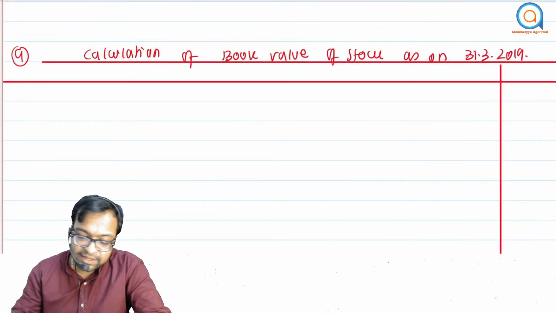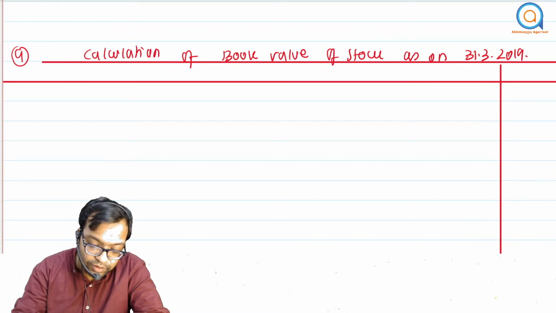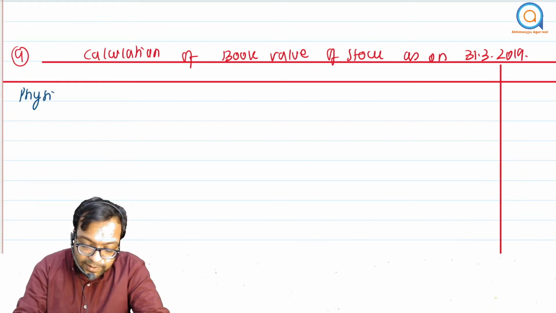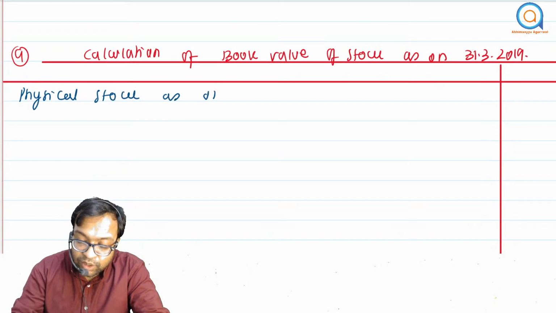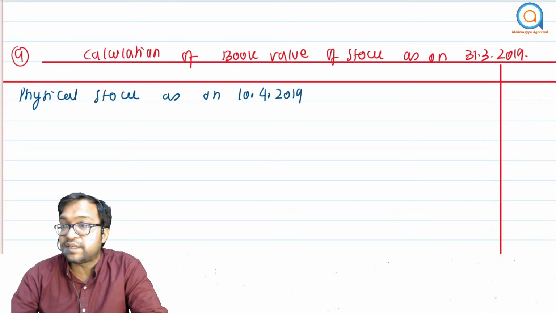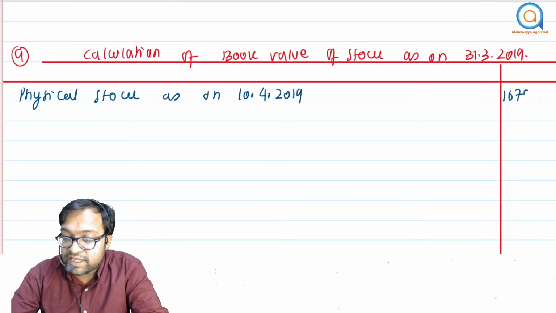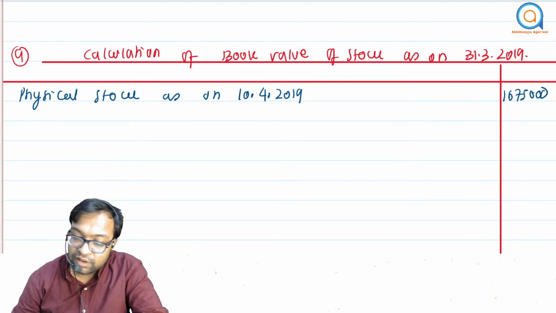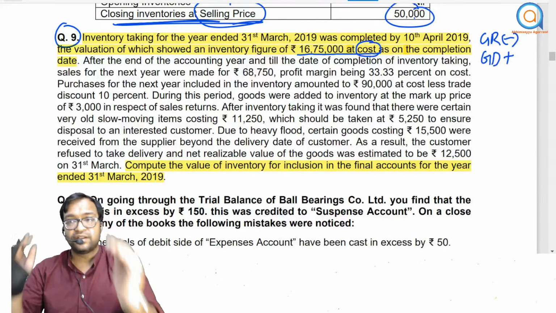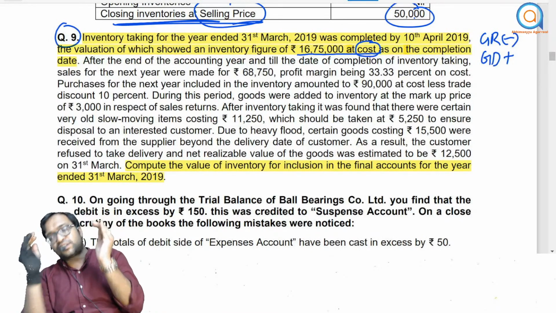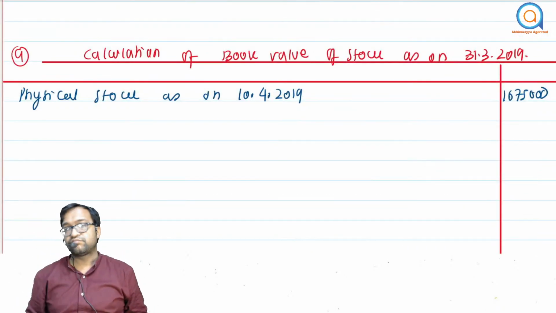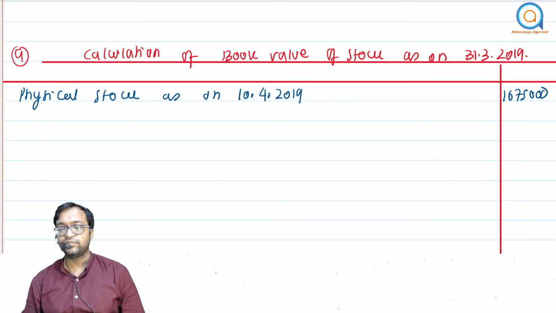So I will start with this. You can write physical stock as on 10th of April 2019, 16,75,000. And I hope you have seen this is the cost they have given. Correct? I hope everybody has written till this much.